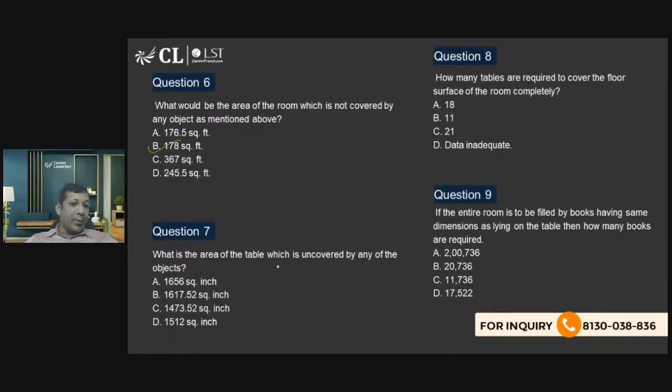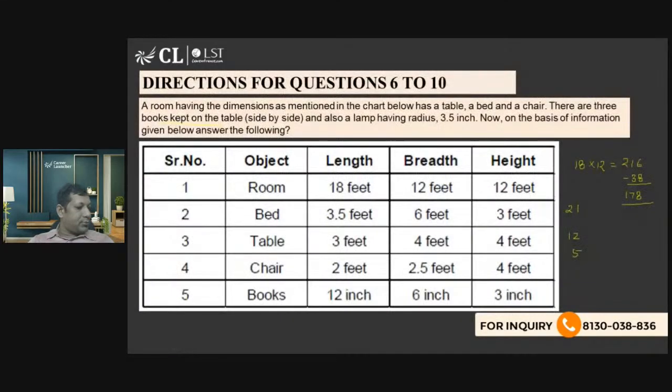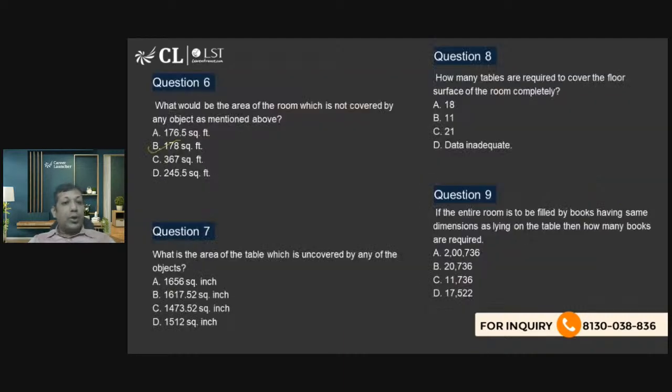What is the area of table which is uncovered by any object? So, area of the table that is uncovered.